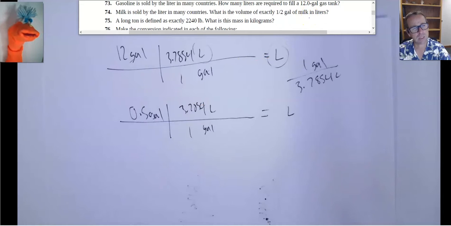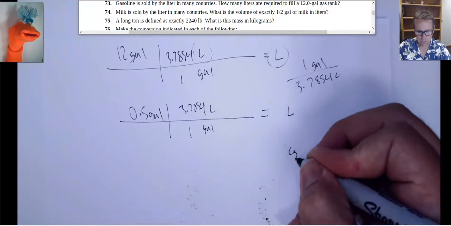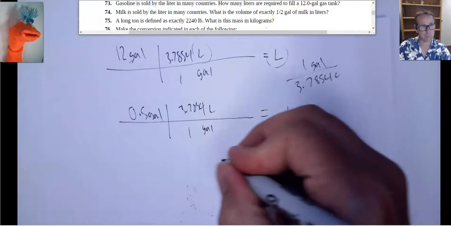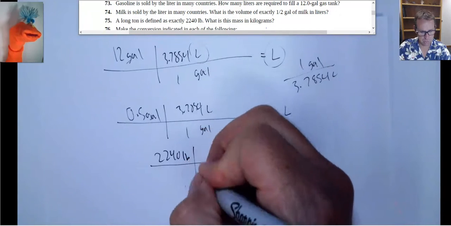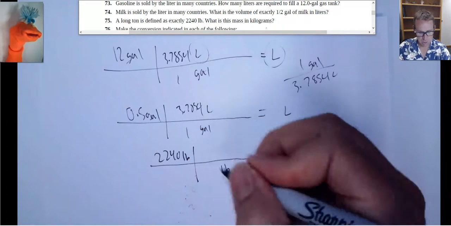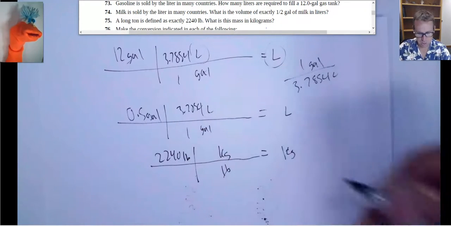A long ton is exactly 2,240 pounds. What's this mass in kilograms? So I want kilograms. I have 2,240 pounds. Pounds need to be on the bottom so they cancel out and leave behind kilograms.